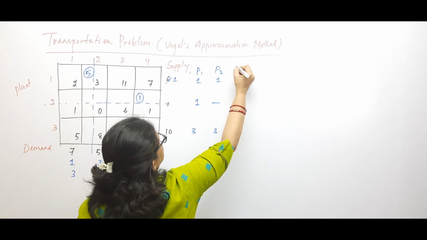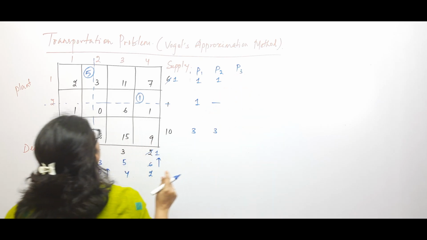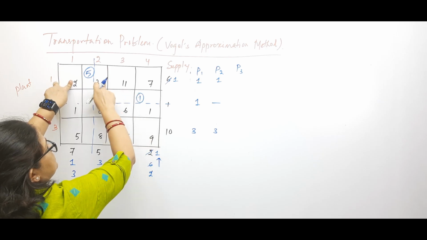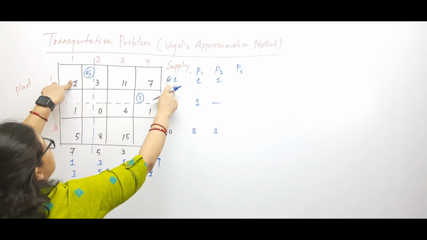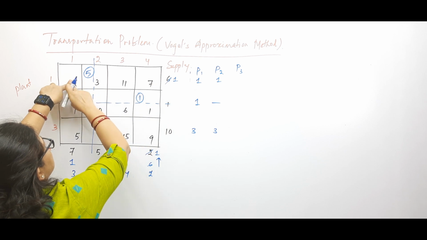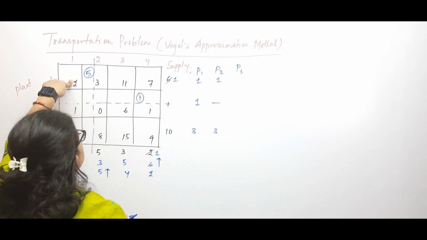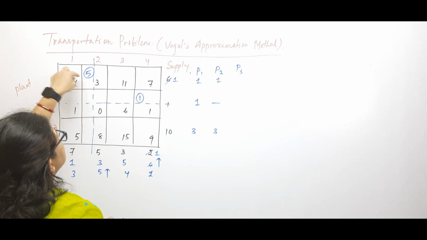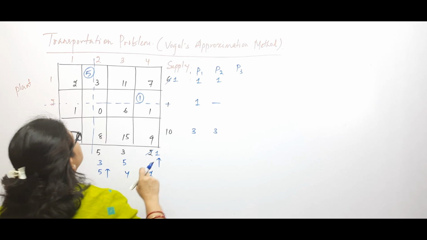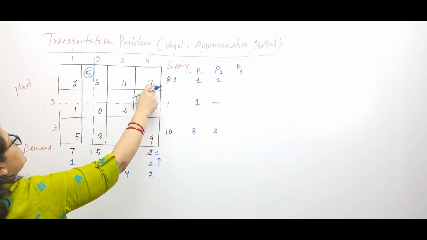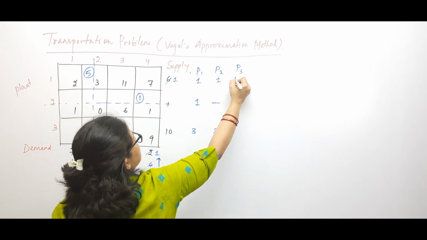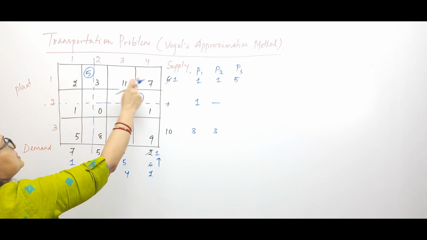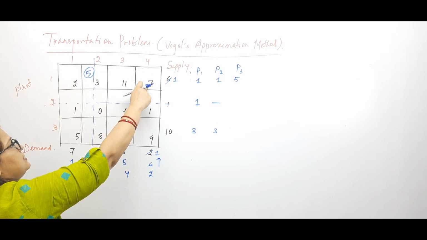Now we calculate the penalty P3. For this it is 2 and 7. Here 2 is the least, and the next least is 7.